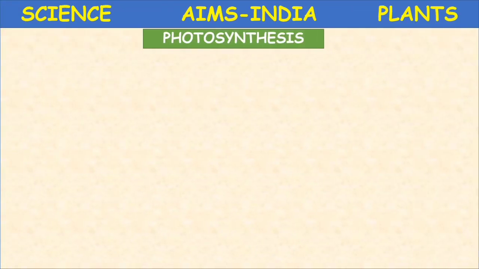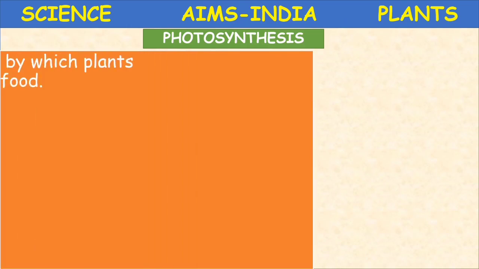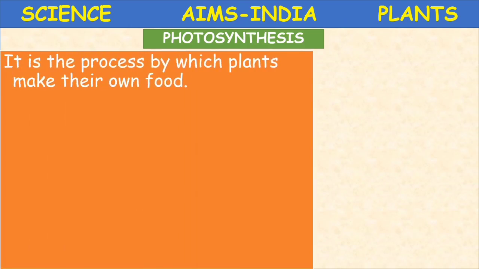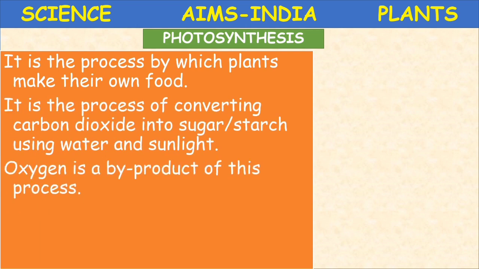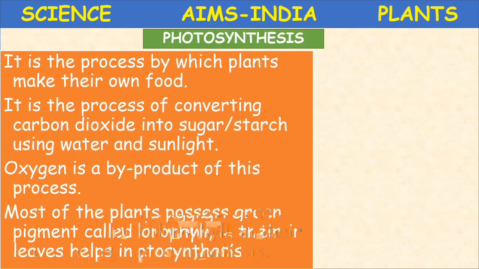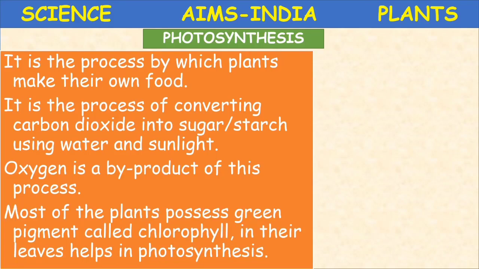Now, about photosynthesis. So what is photosynthesis? As we learnt earlier, it is the process by which plants make their own food. That is why we call plants producers. It is the main process of converting carbon dioxide into sugar or starch using water and sunlight.